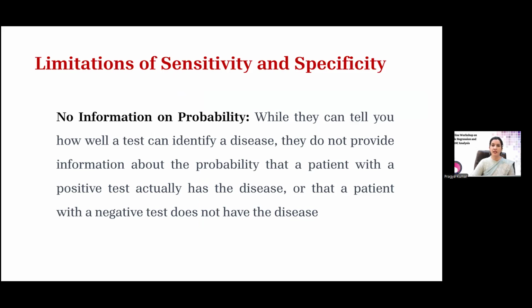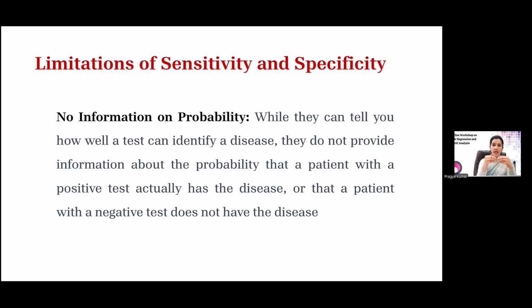But again, there are limitations of the sensitivity and specificity, because it can just tell that yes, it can identify a disease, but it doesn't provide any information regarding the probability. That means if the person has come with a positive test result, what is the probability that this person is suffering from disease?